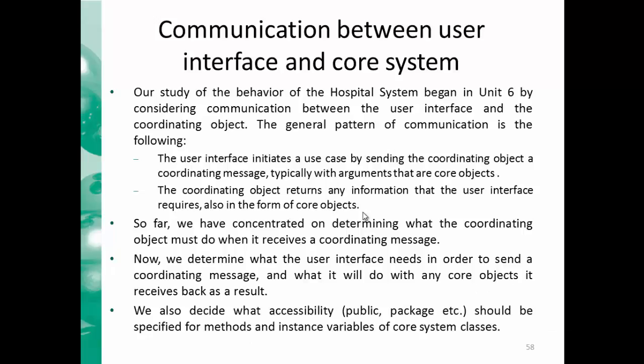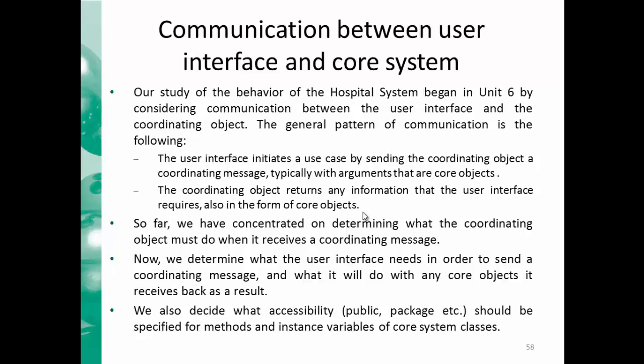We go back to communication between the user interface and the core system, which was covered in Unit 6. We said that the coordinating object will receive some request from the interface, and being the coordinating object for some particular component or system, it will talk to the core system classes and get the information from those classes. Now all the information retrieved by the coordinating object will be sent back as a result to the calling interface object.